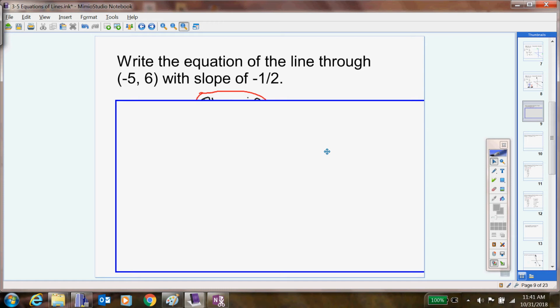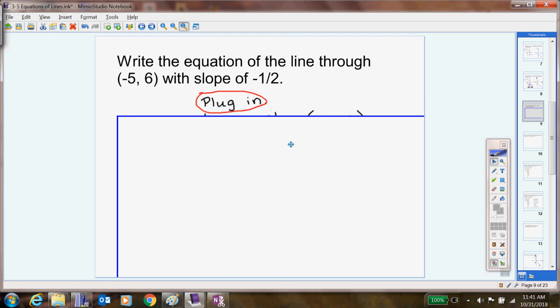Now, those that have heard of a different process, because there's a couple of different equations you can start with to do these, you're allowed to use whatever process you want. However, we're going to do everything through slope-intercept form in this class. But if you have another process that you know of, even though I don't go over it, you're still allowed to use it.